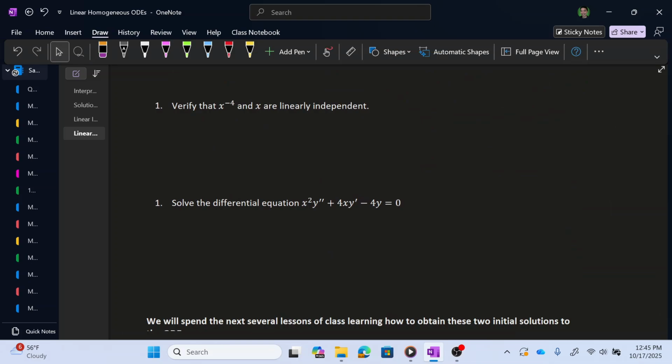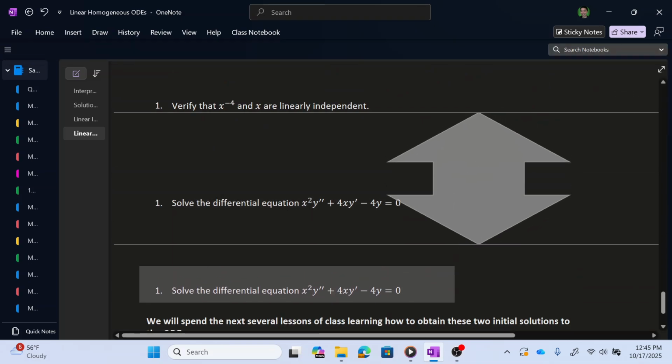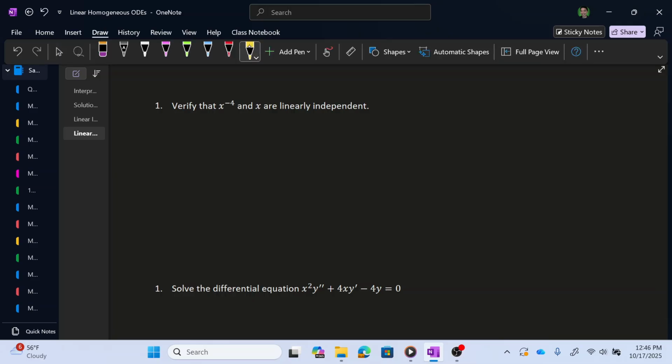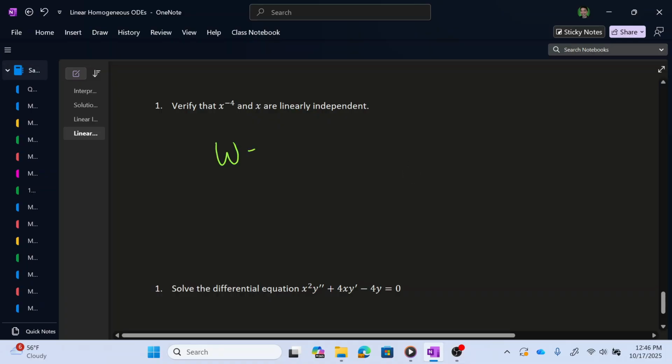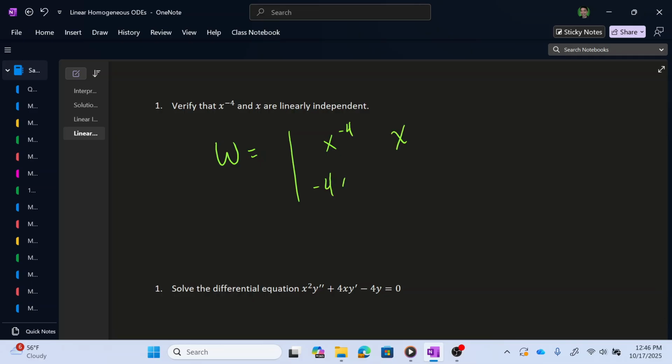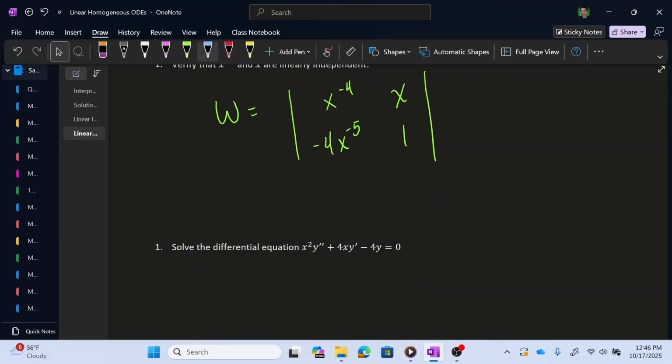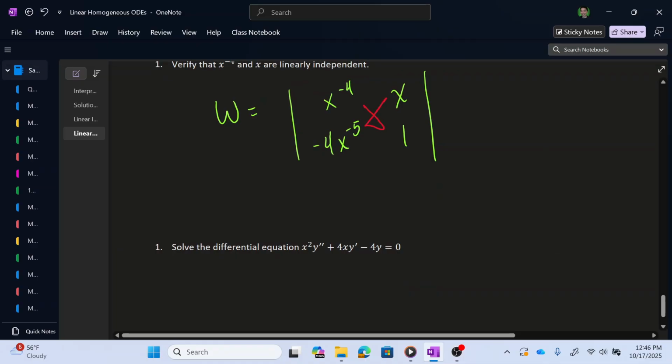Now let's use the Wronskian to determine if these two functions are meaningfully distinct. Let's determine if this collection of functions, x to the minus 4 and x, is independent or not. So I'm going to fill my Wronskian matrix with these two functions and their derivatives. Since I have two functions, I just need 2 rows. So now it's square, 2 by 2, we're good to go. I'll go ahead and calculate the matrix determinant using the standard formula.